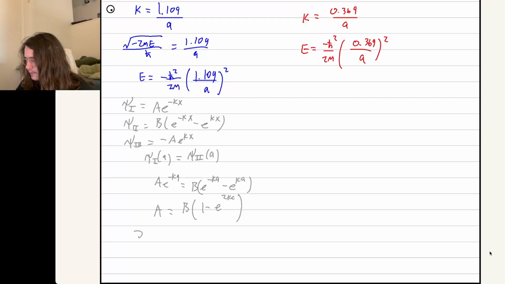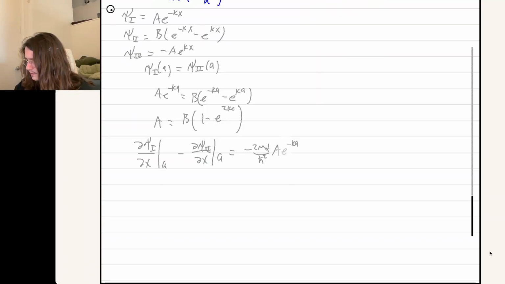And then do the discontinuity of the derivatives again. And that boundary condition hasn't changed. Minus 2m alpha over h bar squared, or I guess I should write in general psi of a, right? But then actually do these derivatives now.